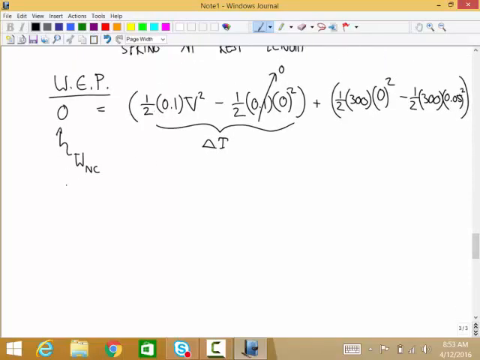And so you get 0.05 v squared is equal to 150 times 0.05 squared. And you get that v is equal to 2.74 meters per second.